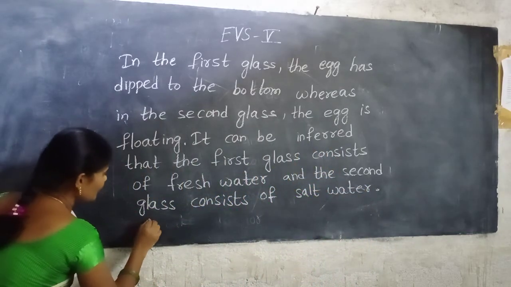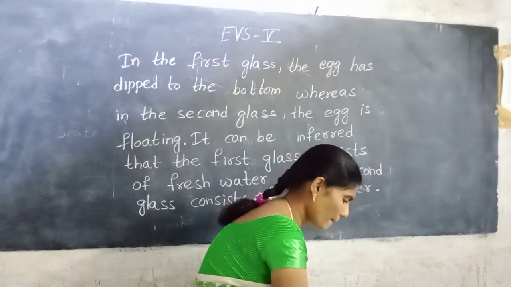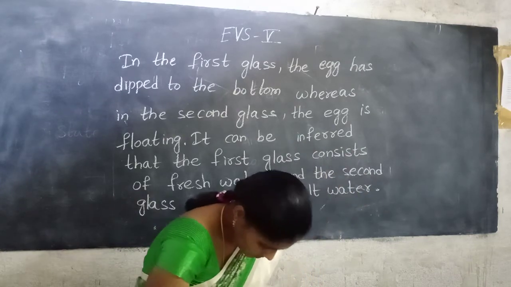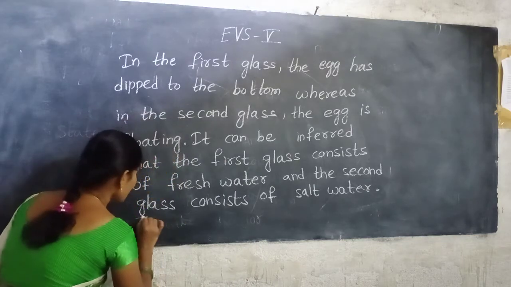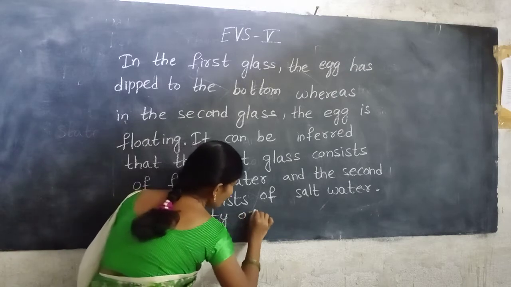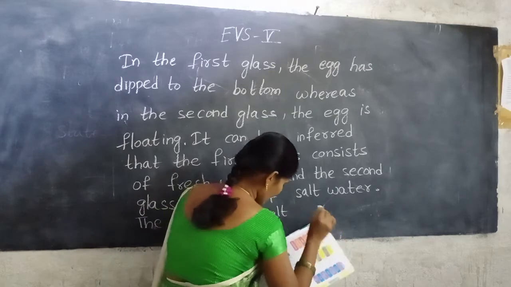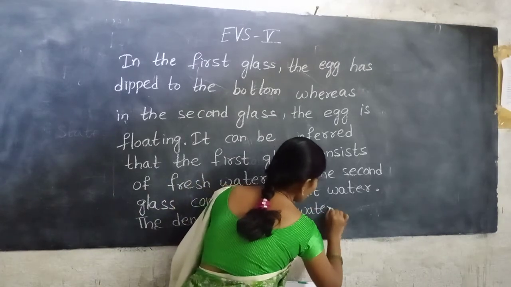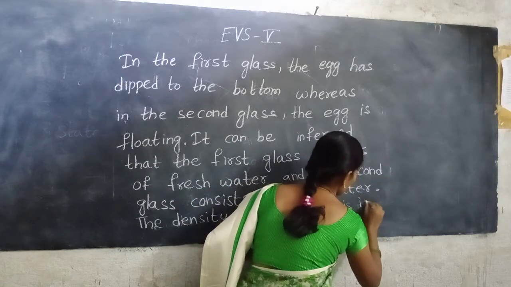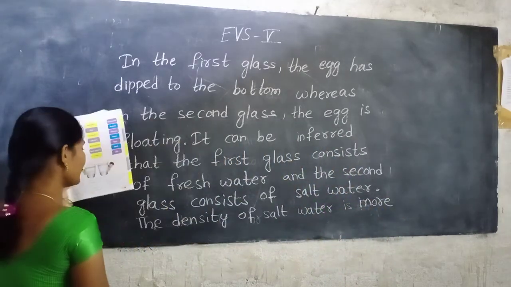The density of salt water is more than that of fresh water.